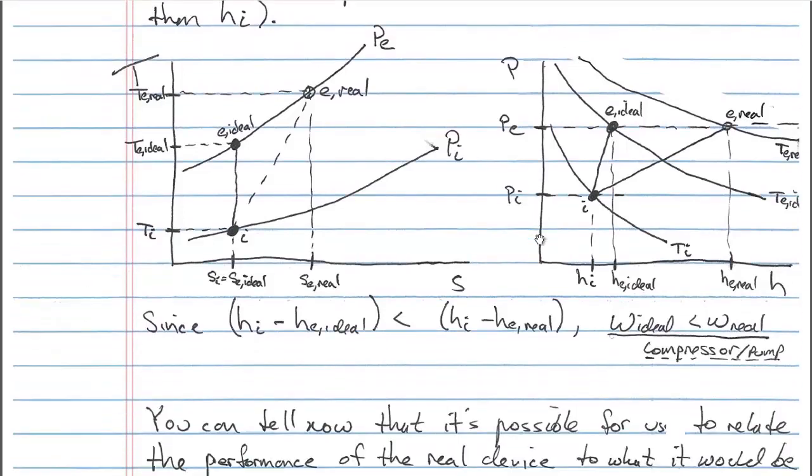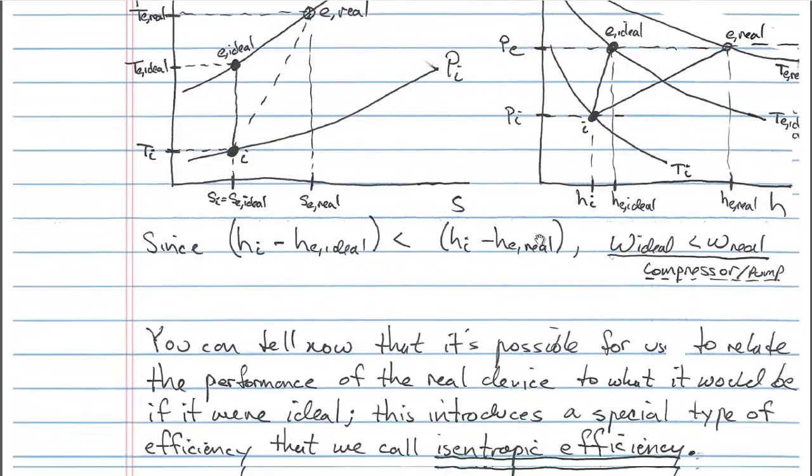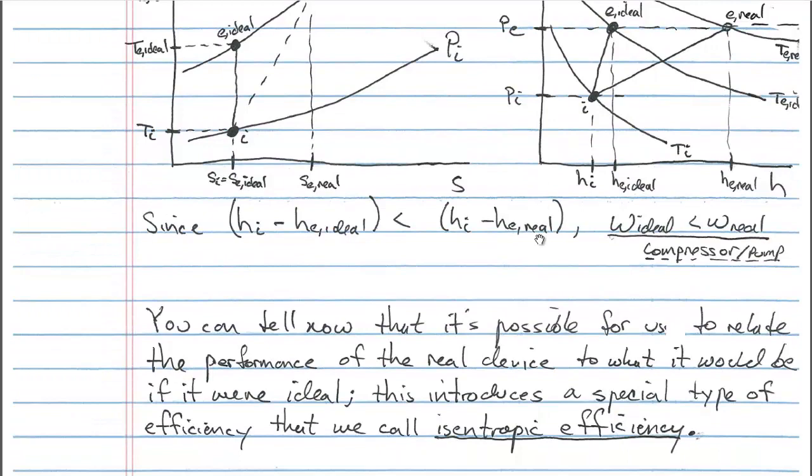Okay, so moving on then, what this whole discussion hopefully has surfaced for you is we can relate the performance of a real device to what its performance would be if it were an ideal device. In other words, we can define the ideal device. We can define the ideal process, and we can evaluate using our engineering tools the real process, and we can compare the two.